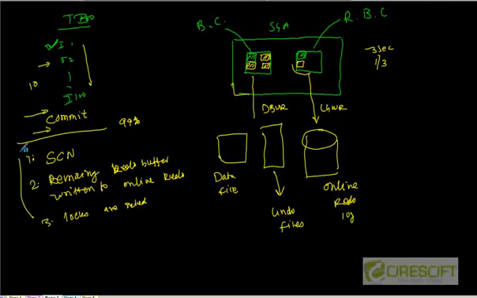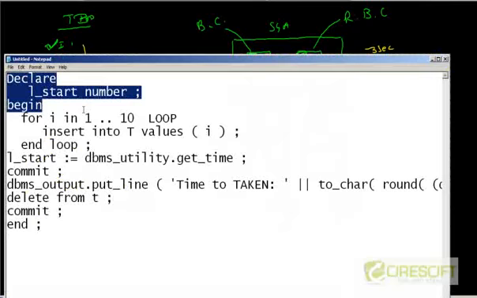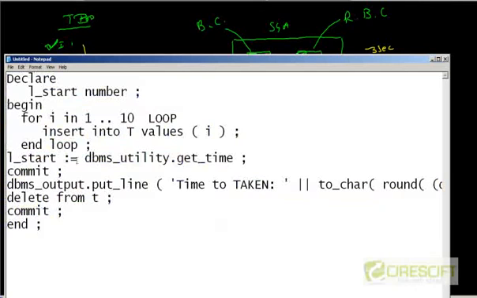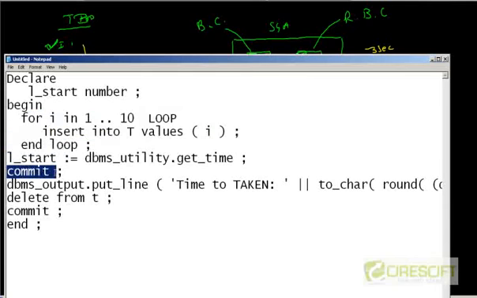So just to show you that this really happens, let's take an example. Here is a PL/SQL code. In this code, in a for loop, I'm inserting values into the table T, which is a very simple table containing just one column. In this for loop I'm inserting 10 rows or 100 rows or 1000 rows, and just before commit, I'm taking the current time.